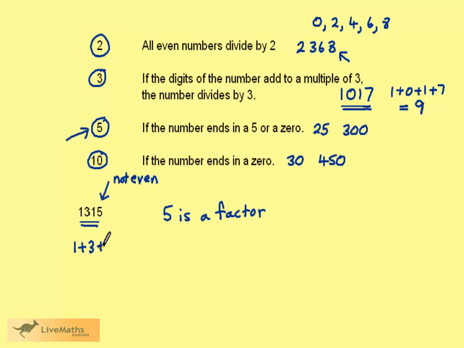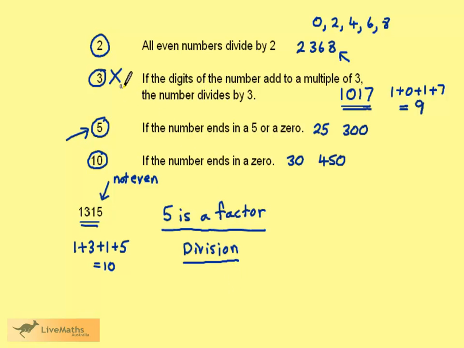If we add the digits 1 plus 3 plus 1 plus 5, this gives us 4 plus 6, which is 10. 10 is not a multiple of 3, so therefore 3 is not a factor of this number. Once we've decided 5 is a factor, we could reduce the number by division, which might help us find other factors.